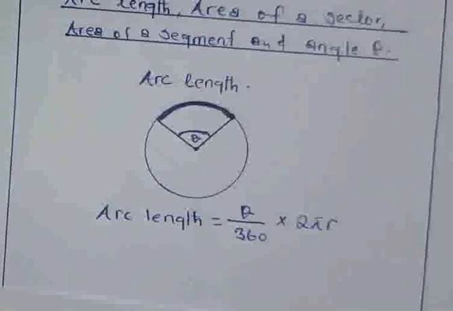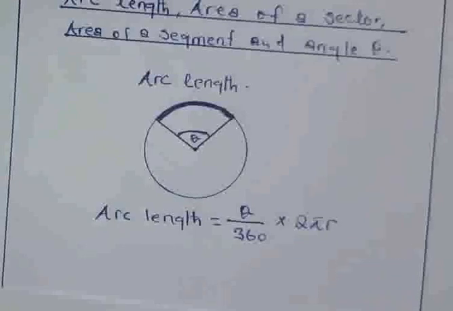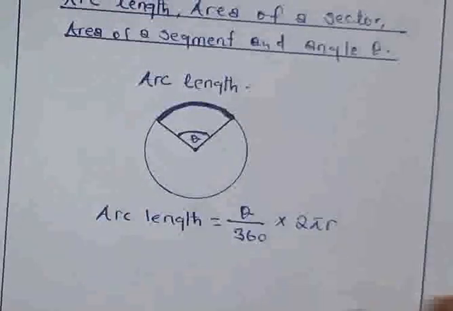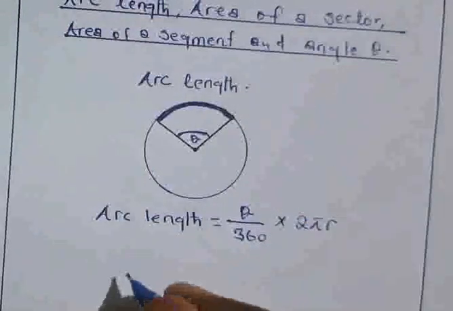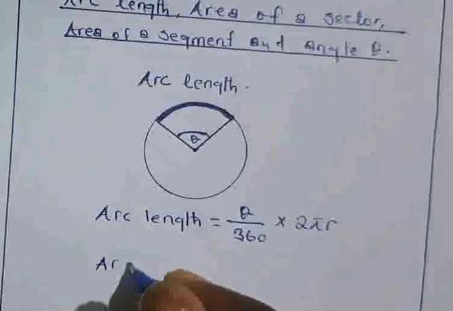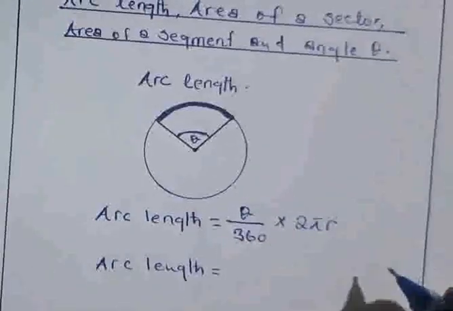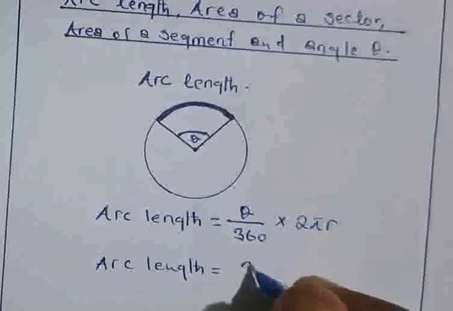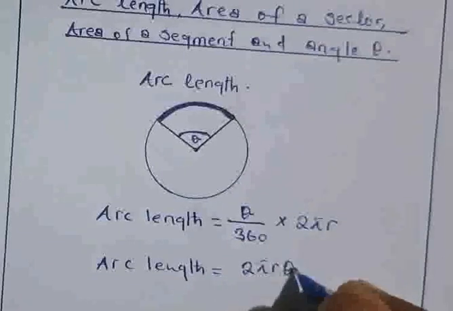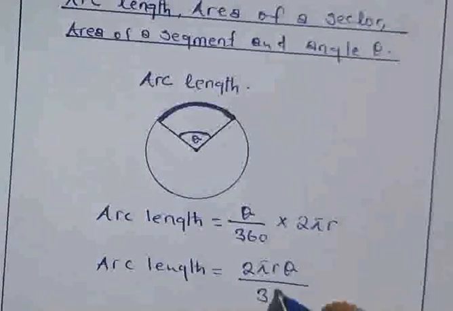So remember this formula. The arc length is given by theta over 360 times 2 pi r, of which we can go further by saying all of this. We say arc length is equal to, we can just take theta that other side, isn't it? So it becomes 2 pi r theta over 360.